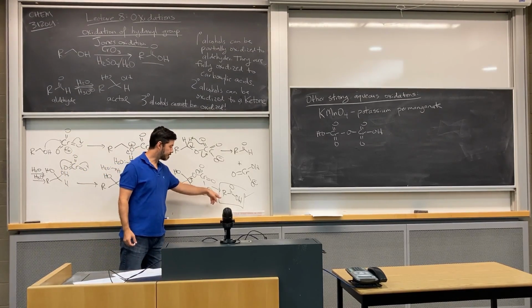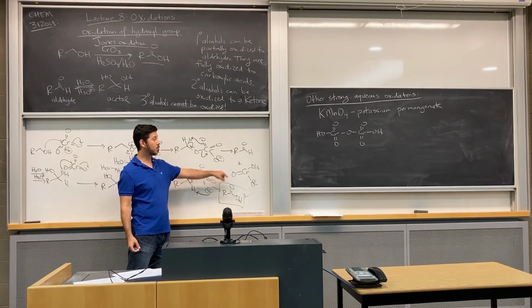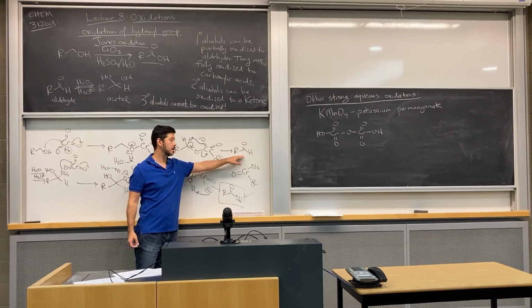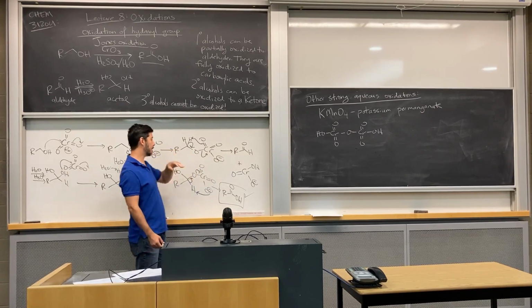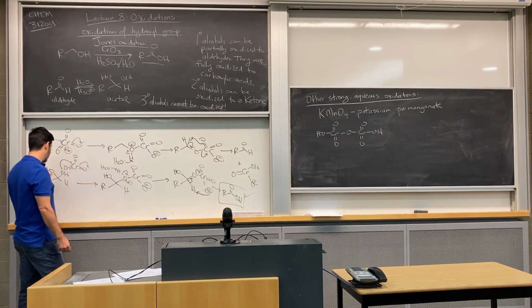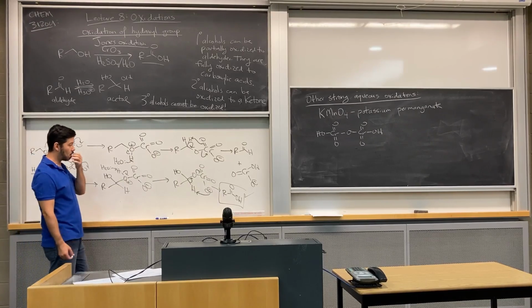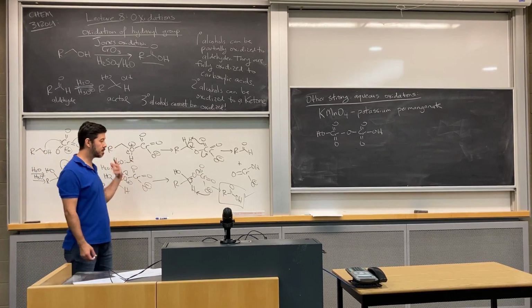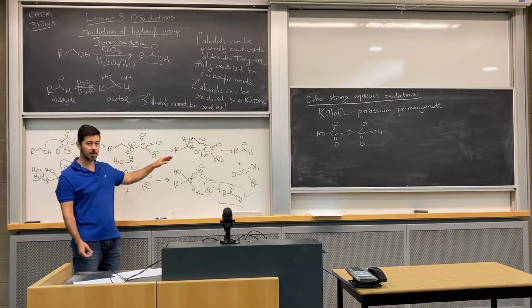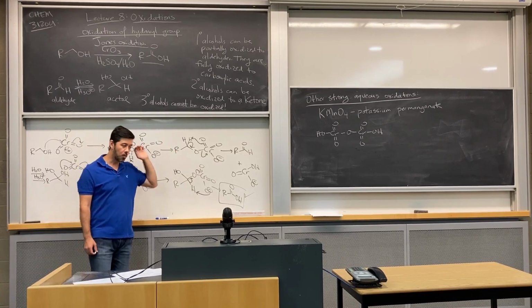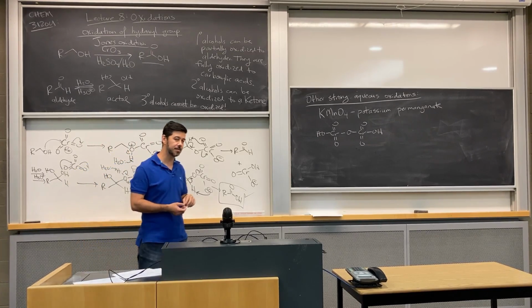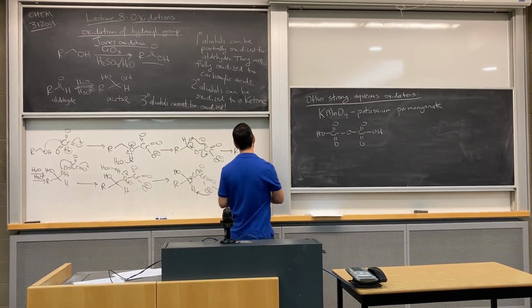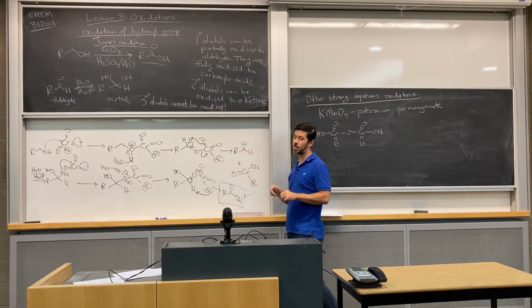However, you will likely have instances where you want to stop at the aldehyde. And you can't control that if you're doing this in strong aqueous conditions. So are there other ways to do this reaction so you stop at the aldehyde? What do we need to exclude from the system if we want to oxidize it only partially to the aldehyde?